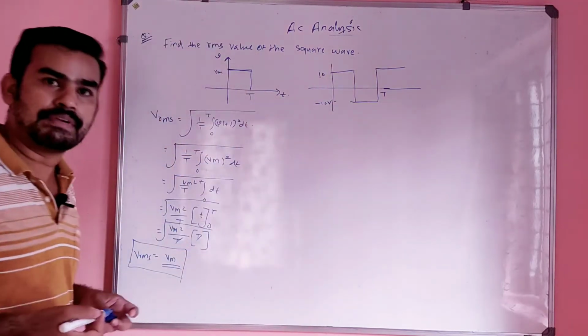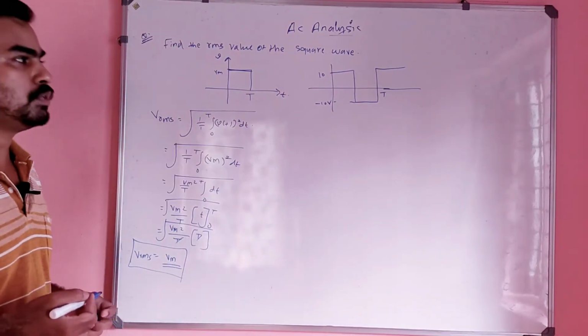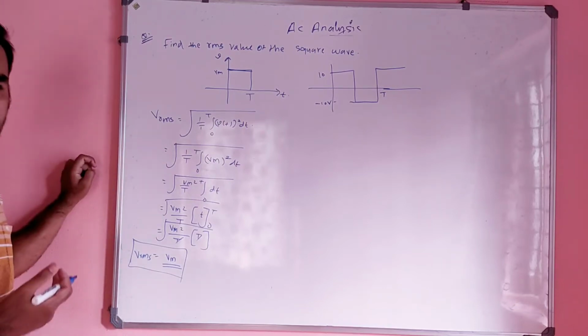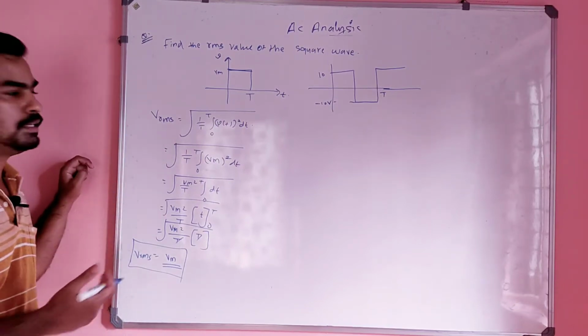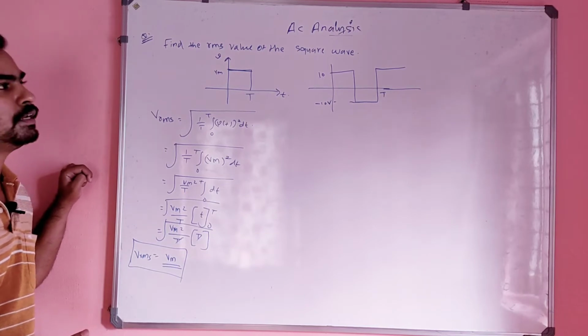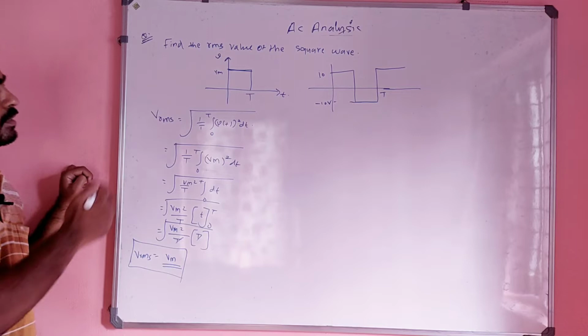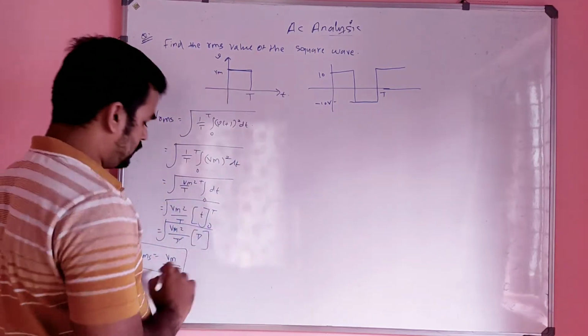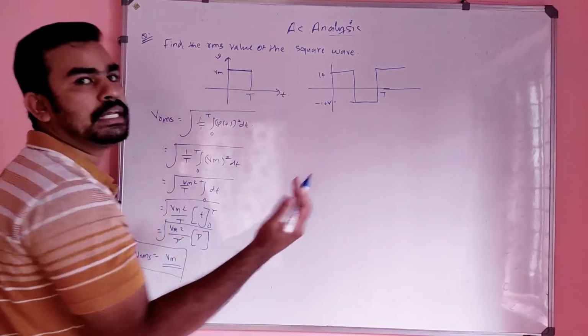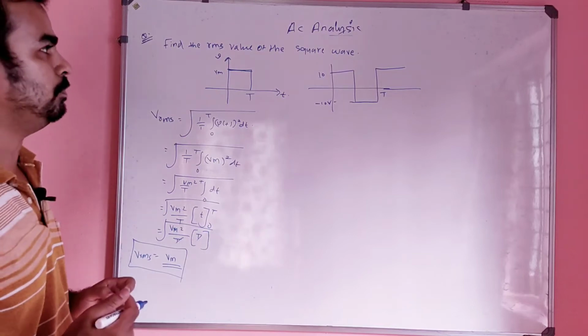This is also a square wave. So to find the value of a square wave, either do this calculation manually, or simply take Vm. Here it is 10, so 10 will be the RMS value.